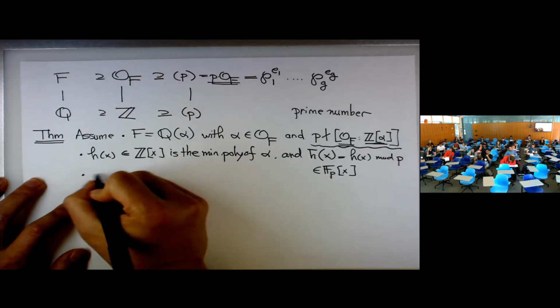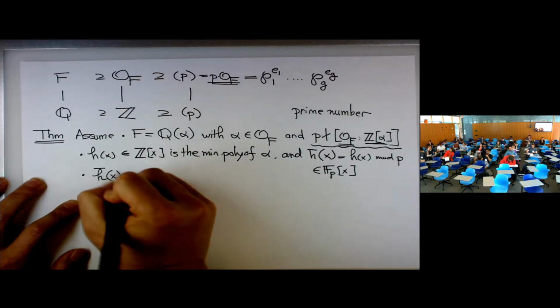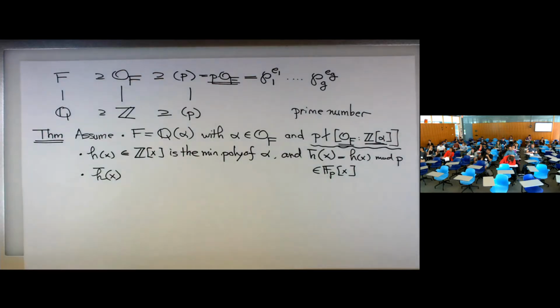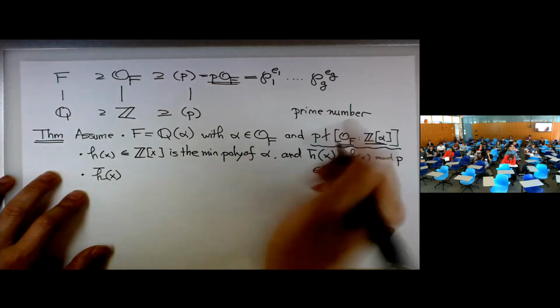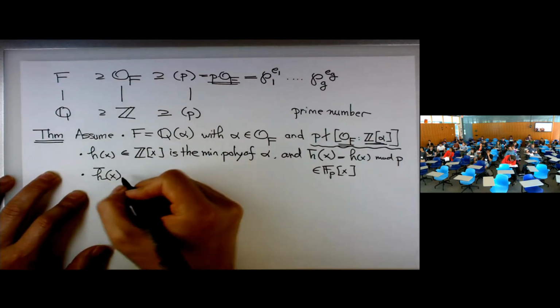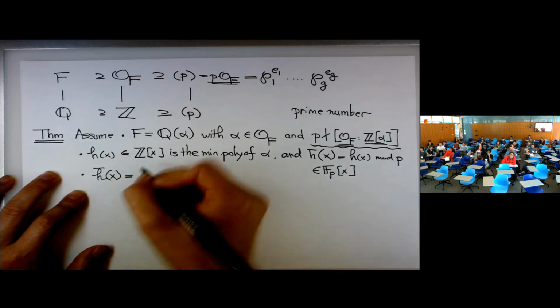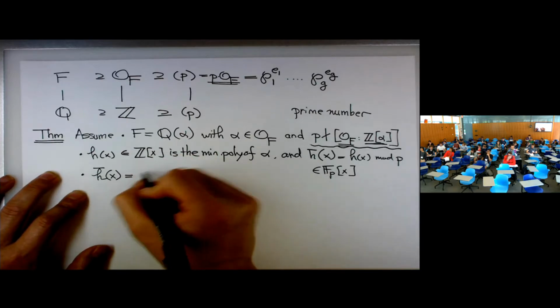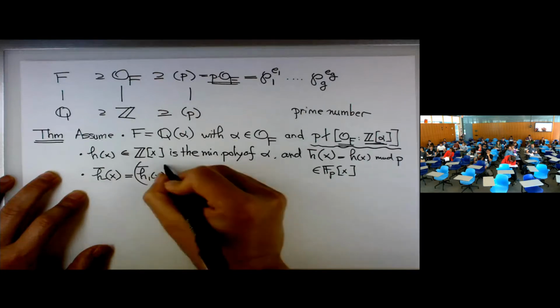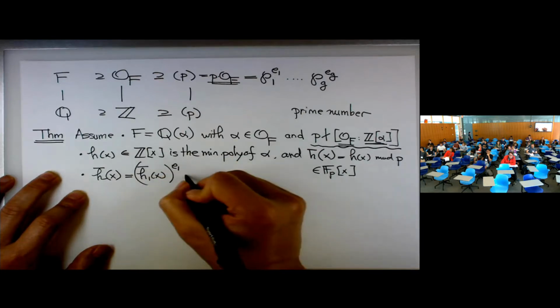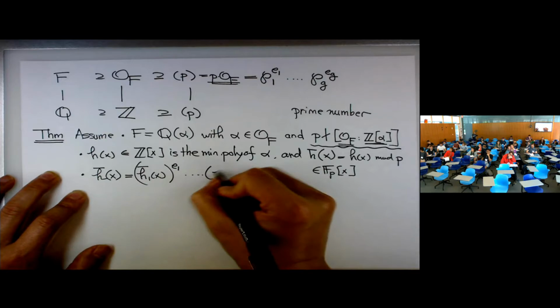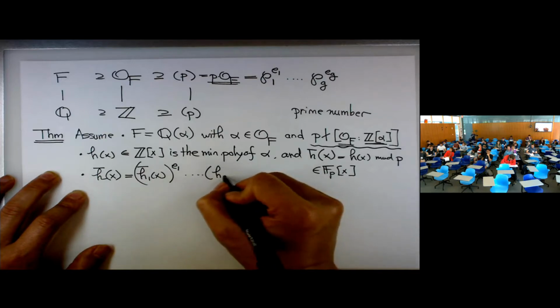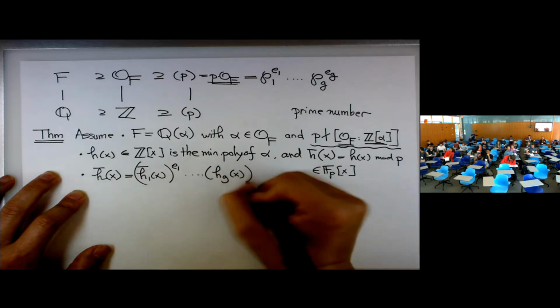And suppose that now I have a polynomial with coefficients in the finite field Fp. Hx itself is irreducible as a polynomial over Z, but the reduction may be further reducible. So suppose this is equal to H1 bar x to the e1 up to Hg bar x to the eg.